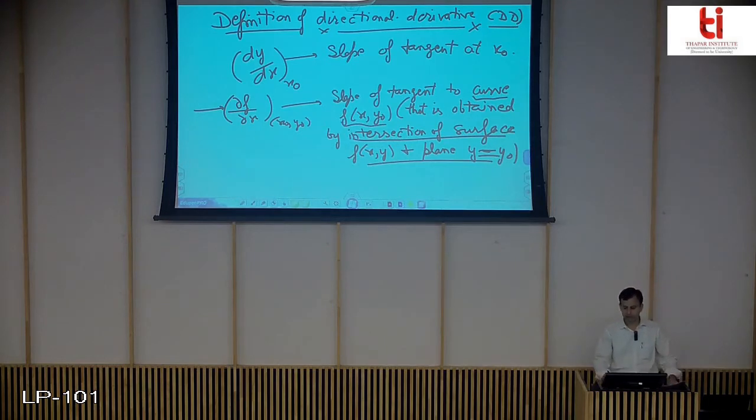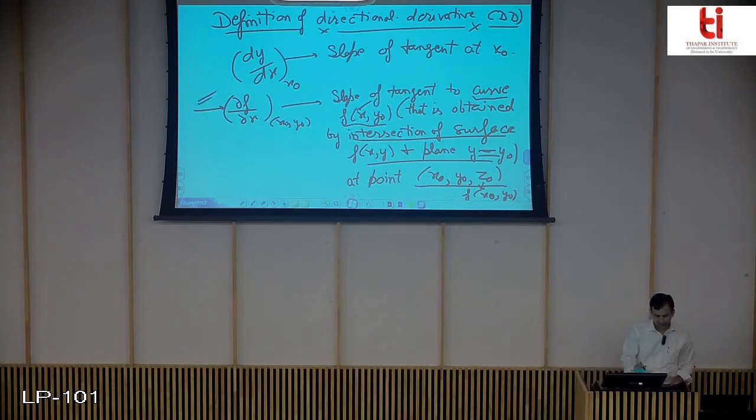So the slope of the tangent to this curve at point (x0, y0, z0), where z0 is f(x0, y0), is what we want. This point is on the surface, and at that point the slope of the tangent to the curve is giving you the partial derivative of f with respect to x.